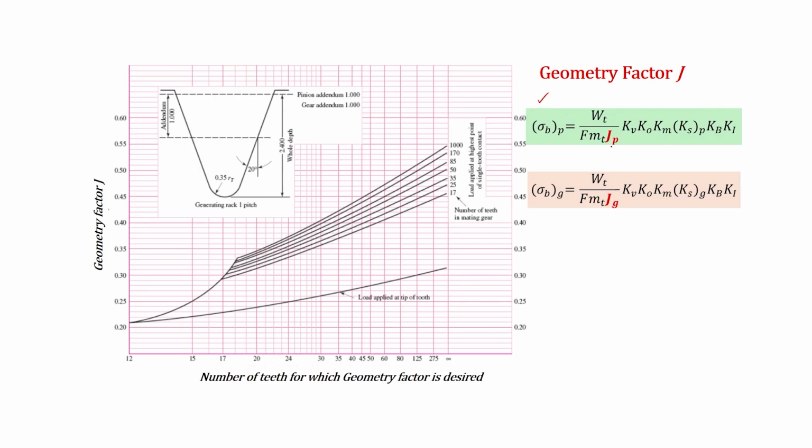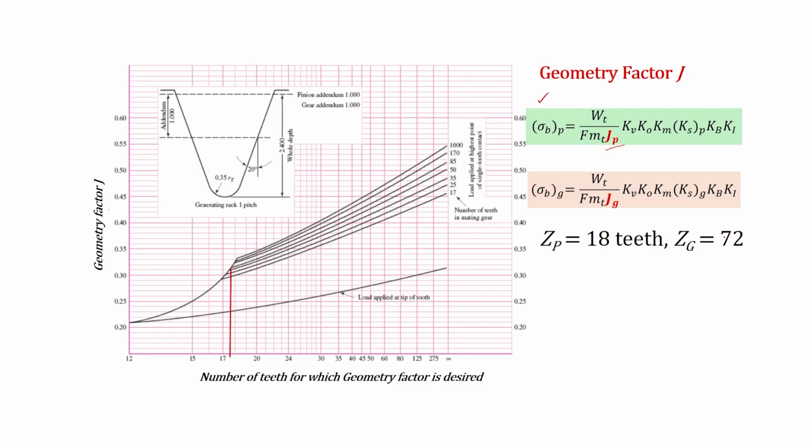If we want to determine the geometry factor for the pinion, the number of teeth on the pinion was selected as 18, and corresponding to 18 we will find the geometry factor J. When we find the geometry factor for the gear, the number of teeth on the gear is 72, so 72 will be selected. Let us see. ZP and ZG are 18 and 72.